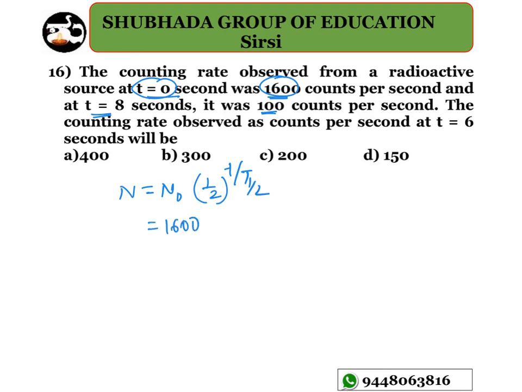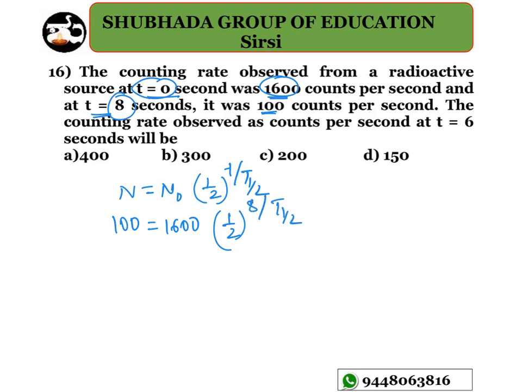After 8 seconds it is 100 counts. 100 is equal to 1 by 2 to the power of, now the question is to find out, they have not given the value of t by t half. So I can say after 8 seconds, t equal to 8 divided by t half.